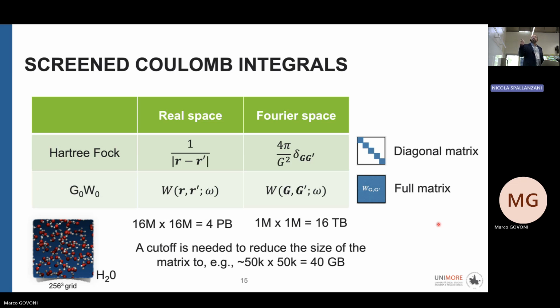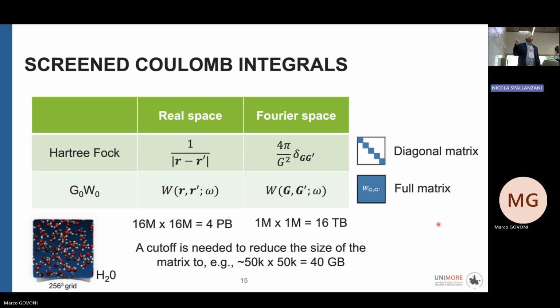So if you take the Fourier transformation, you can reduce this to 1 million elements. This is the order of plane waves that you use in density functional theory. A million plane waves for a big system. A 1 million by 1 million matrix takes 16 terabytes. Okay, so each element is a complex number, and I just multiply 1 million by 1 million by 16 bytes. How big is it now? One complex number. 16 terabytes just for one frequency.